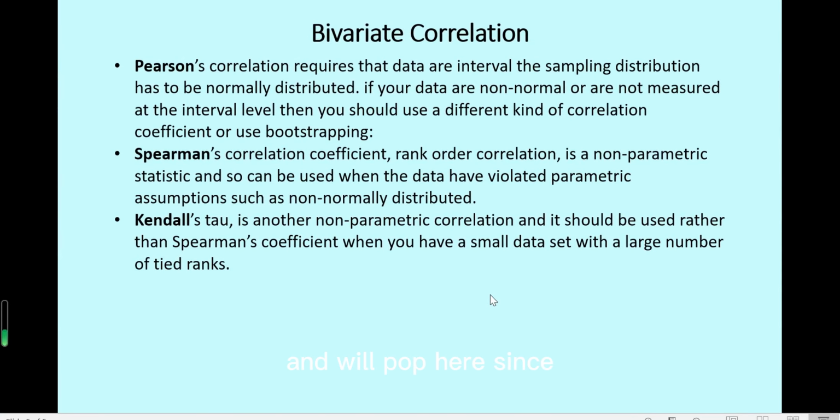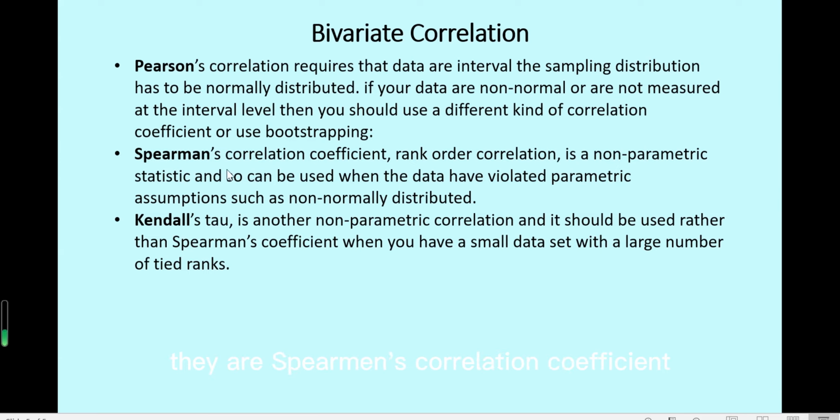And we know Pearson's correlation coefficient should be applied when the data is symmetric or very close to a normal distribution. If at some time the sample data is not normally distributed and not symmetric, then you can use another type of correlation coefficient.